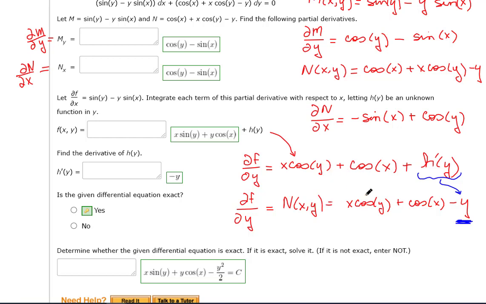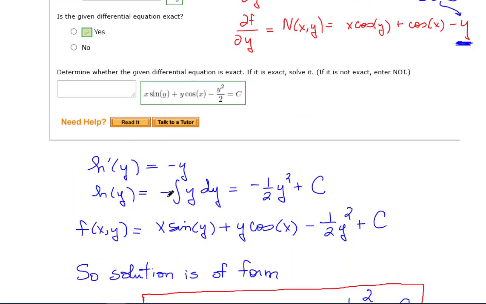So matching up terms, I see h prime of y is minus y, which is what they have here. Is it exact? Yes, we saw that they did match. And so h prime of y is minus y. So integrating, I get h of y is minus 1/2 x squared plus c.